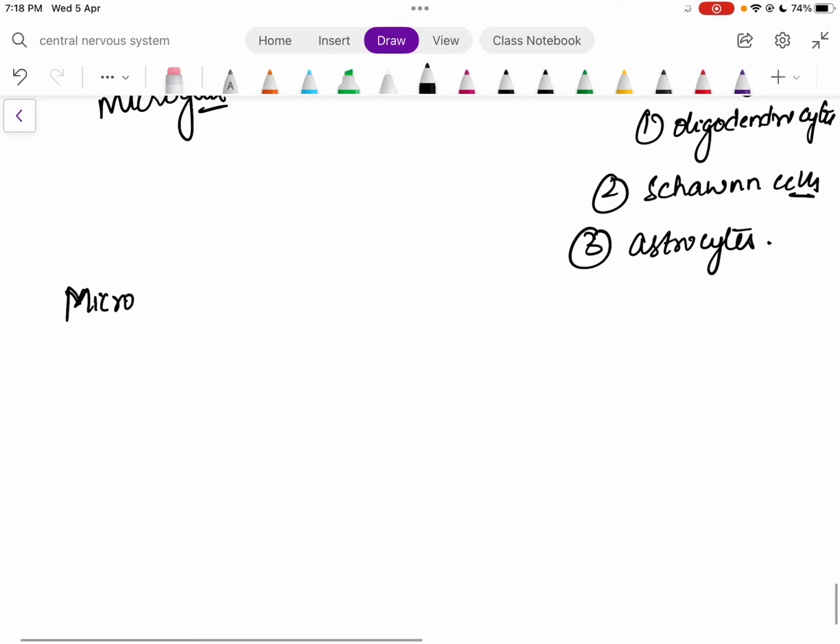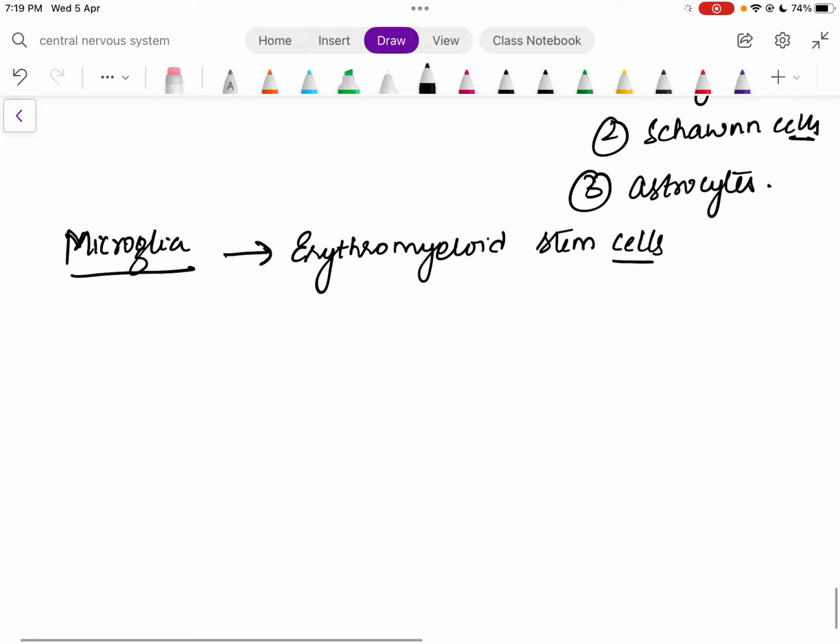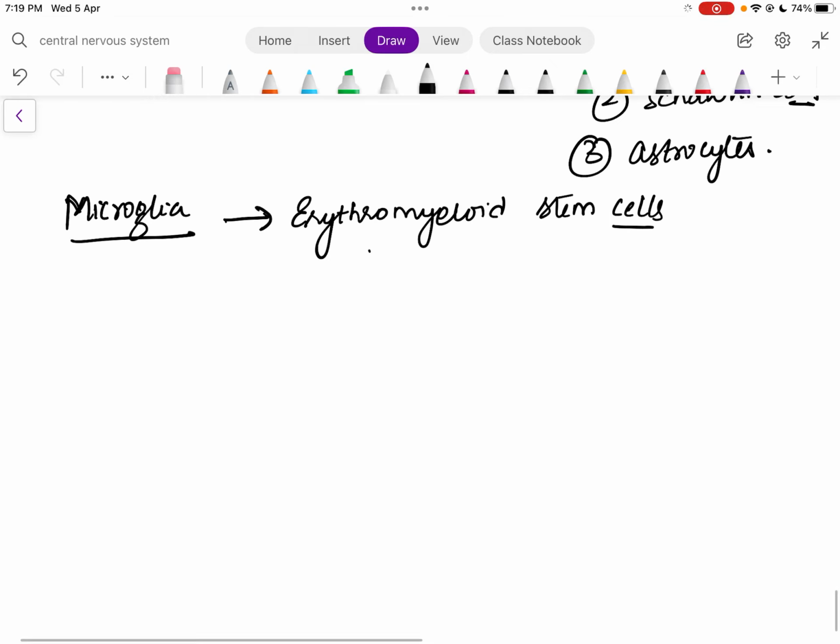What is the function of the microglial cells? They are derived from erythromyeloid stem cells. That is, they are formed at one place and transported to the brain, CNS.